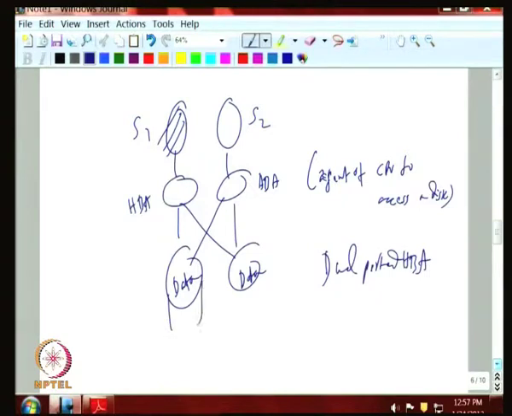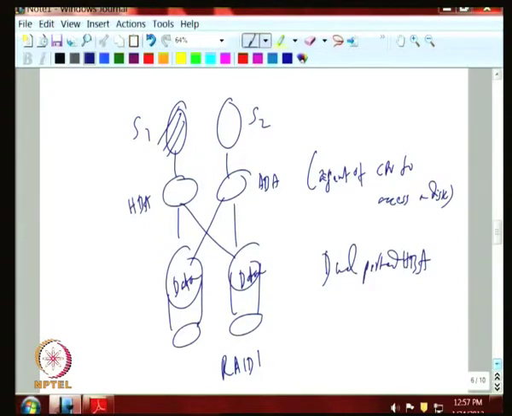Basically, there is a disk out here. Okay. Basically, I put RAID 1 here. Let us say, to make it simple, RAID 1. Okay. So there are two pieces of data here. So the idea is that if this fails, S2 can access this path and get to this data.